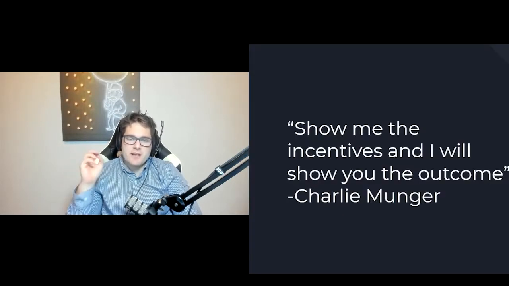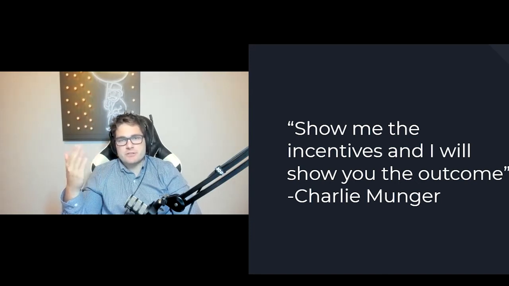So piggybacking off of what Austin says, Charlie Munger is famous for saying, show me the incentives and I will show you the outcome. So basically, if pay structures of corporations are set up so that earnings metrics are a way for management to meet their goals or boosting the stock price over the short term to meet their goals and get their compensation packages, then there will be incentives for management to do these short-term boosts, whether or not technically they are illegal.